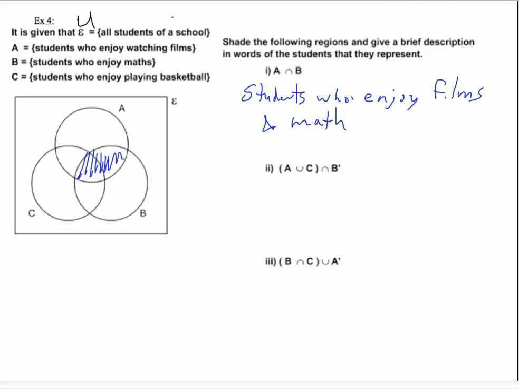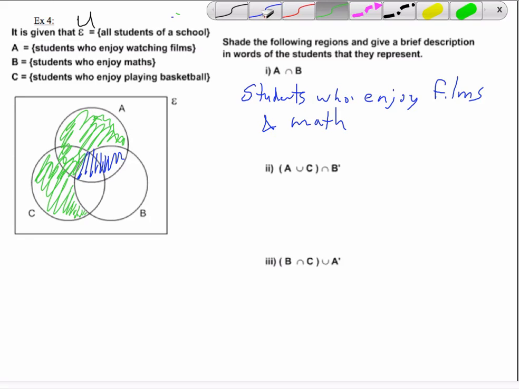Next one, A union C, everything in A and C that's not in B. I'll shade all the parts of A and C that are not in B, and there we go.